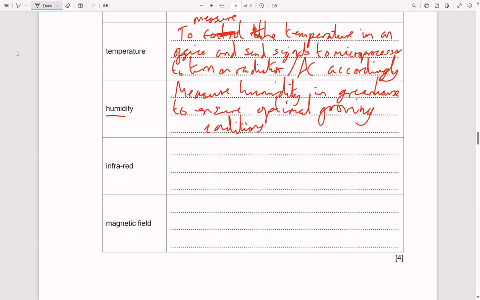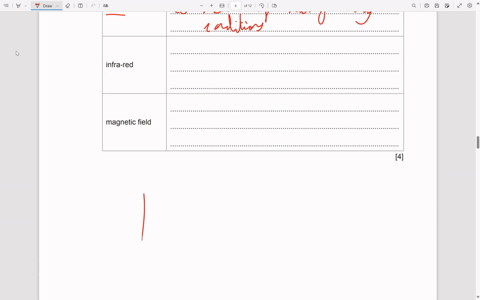Right, then infrared. If you look at the past papers, they mostly say movement, for example, like a security system. Because infrared is used to detect temperature. Maybe you've seen some security camera where everything is blue, which obviously means it's cold, and in the middle you just have a person glowing red because of the heat from their skin.